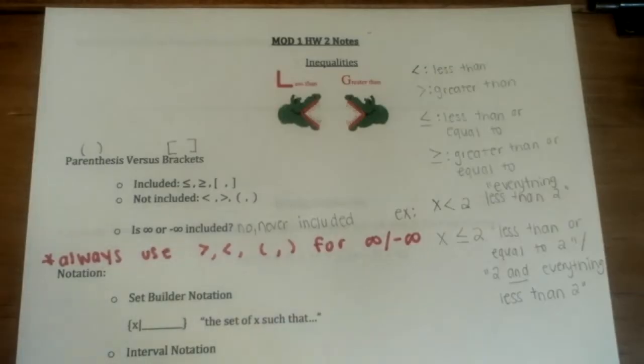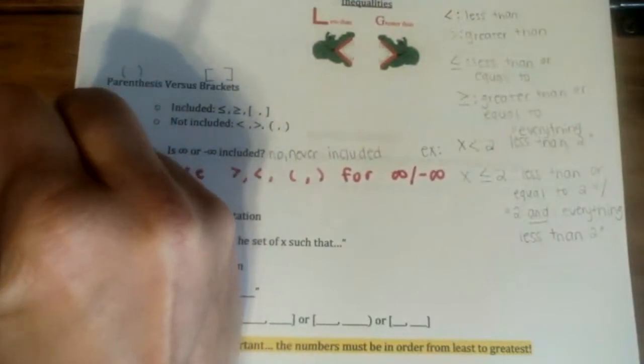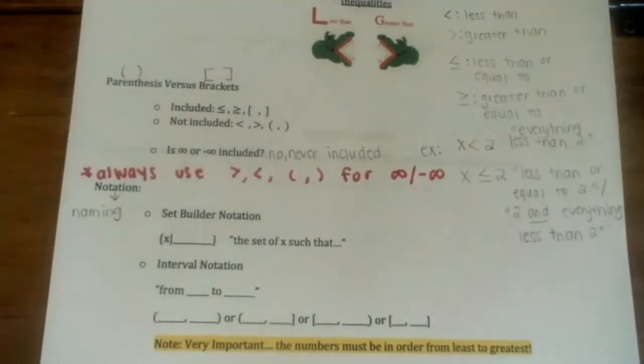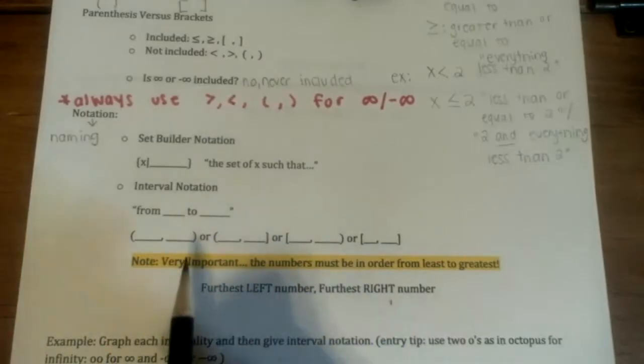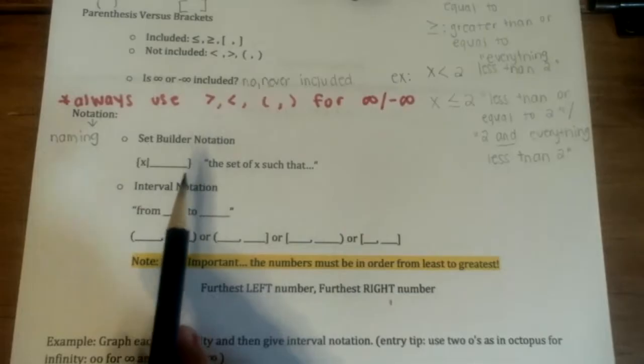Notation is just another way of saying how we name things. So our notation is our naming. We have two different ways of naming or notating things. We have set builder notation and we have interval notation. Interval notation is what we're going to use the most, but let's talk about set builder.